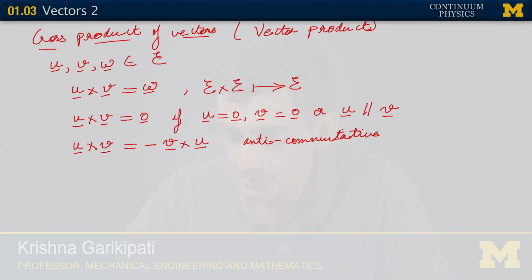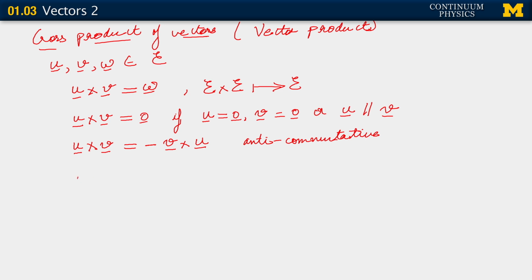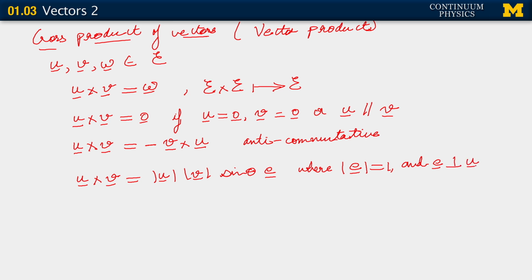In much the same way, we can write out u cross v as u cross v equals magnitude of u times magnitude of v times the sine of the angle between them times the following vector, a vector E, okay, where E is a unit vector, its magnitude is 1, and E is perpendicular to u and v.